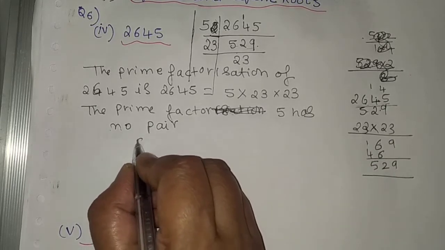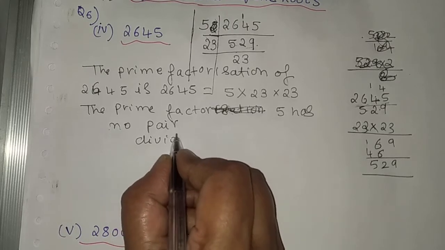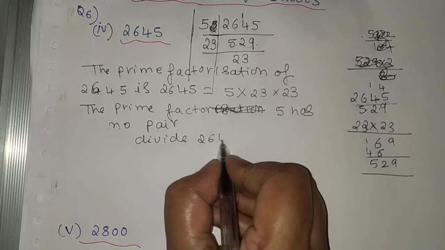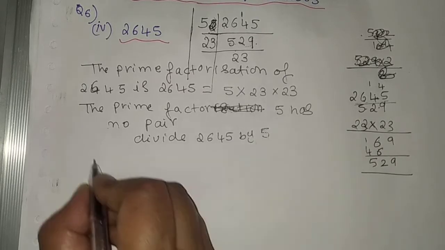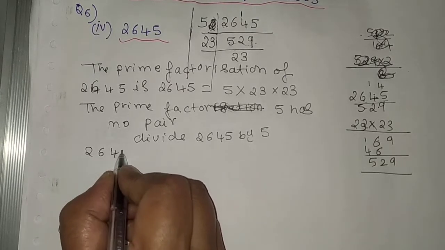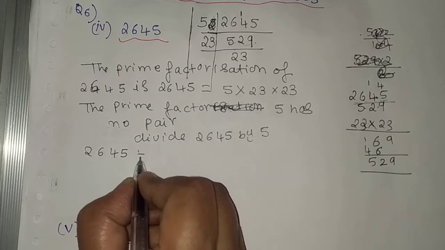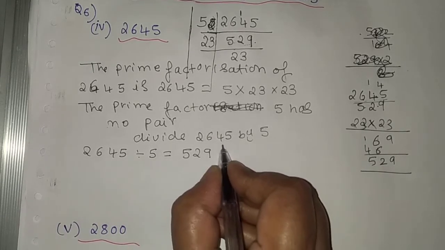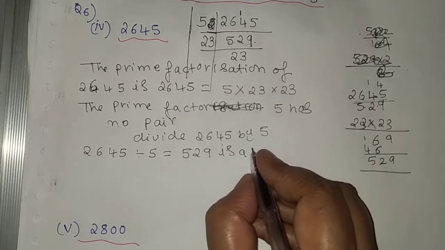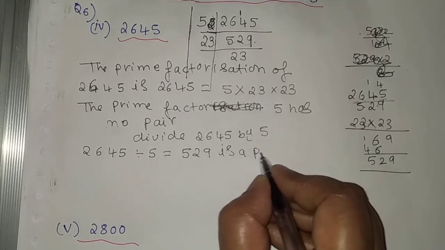Now what we have to do is divide 2645 by 5, which is equal to 529. This is a perfect square, as we know 23 into 23 is 529.